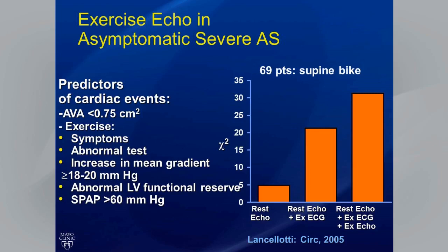An increase in mean gradient in this study by Lancelotti across the aortic valve was also associated with worse outcome. We looked for abnormal left ventricular functional reserve and marked increase in systolic pulmonary artery pressure. So you can see the incremental value, looking at the rest echo, adding the exercise ECG, and then finally adding the exercise echo.